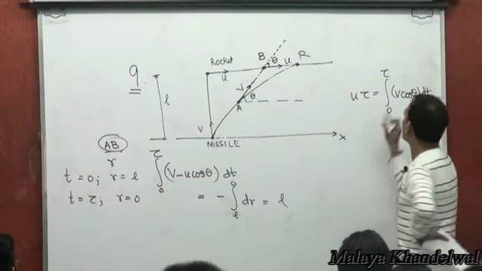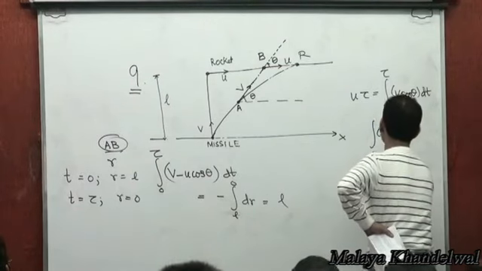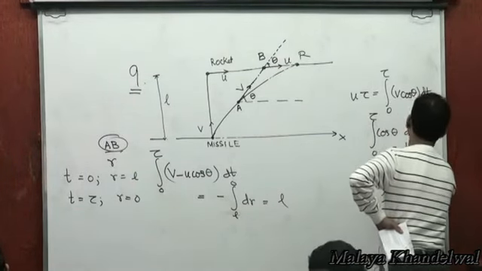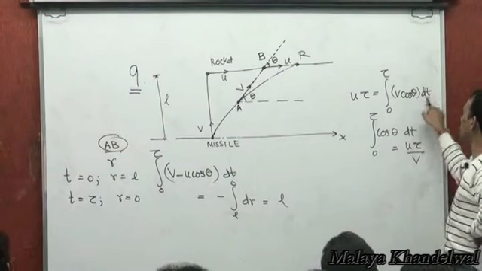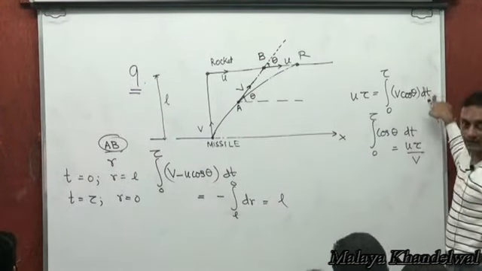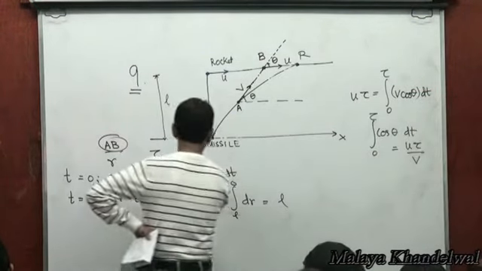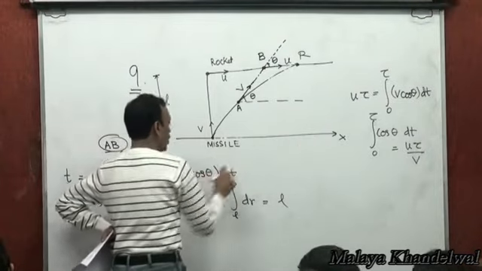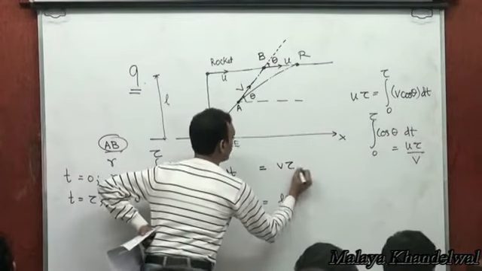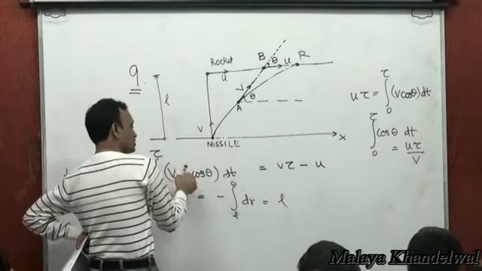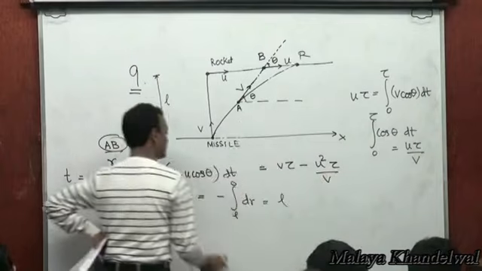Is that okay? Now this equation tells me that the integral of cos theta dt from 0 to tau is U tau by V. Here V can come out, V is a constant, this is speed, and I can plug in cos theta dt as U tau by V. See, when I integrate this, it gives me V into tau minus U times the integral of cos theta dt, which is U tau by V, that means U squared tau by V. That's the left hand side of this.